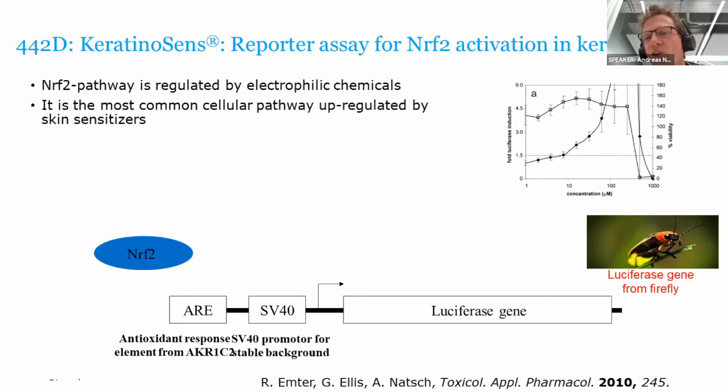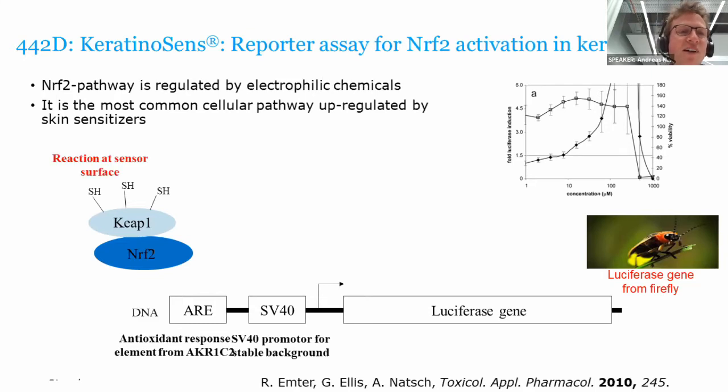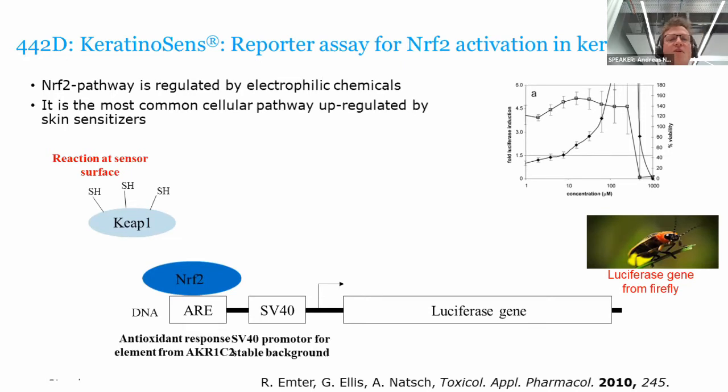There were quite a number of genomic studies, and in all cases, this was the key pathway which was upregulated by sensitizers, which is not surprising because we know that sensitizers need to react with proteins, and we know from the NRF2 pathway that we have this reaction, this reactive surface of the KEAP1 protein, and reaction of a chemical with the thiol molecules on this protein leads to dissociation of NRF2, activation of the antioxidant response elements.